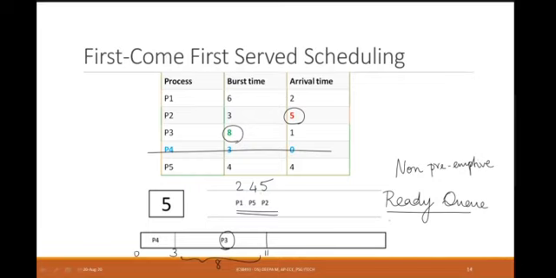I'll give you 2 minutes. Just complete your first come first serve scheduling. So the criteria on which the scheduling happens is your arrival time. You are not bothered about anything else but your arrival time. So if you come first, you will be given the ticket first. That's all.